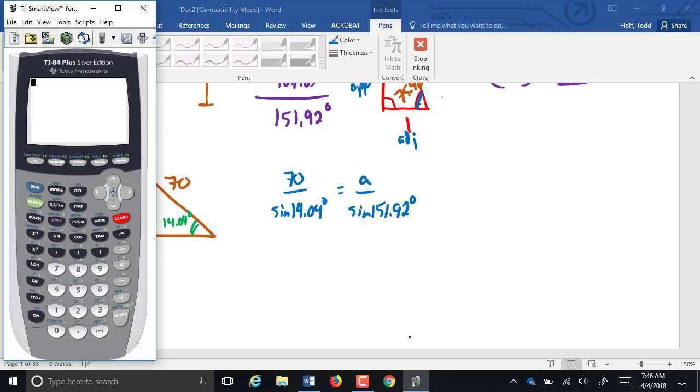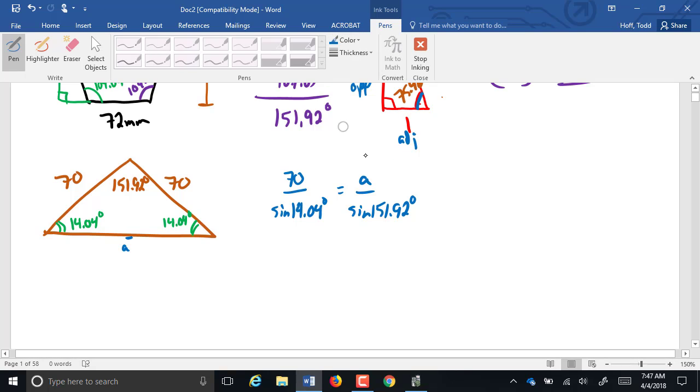And we'll cross multiply and divide. 70 times sine of 151.92 divided by the sine of 14.04 is 135.82. That's not degrees, that'll be millimeters there.